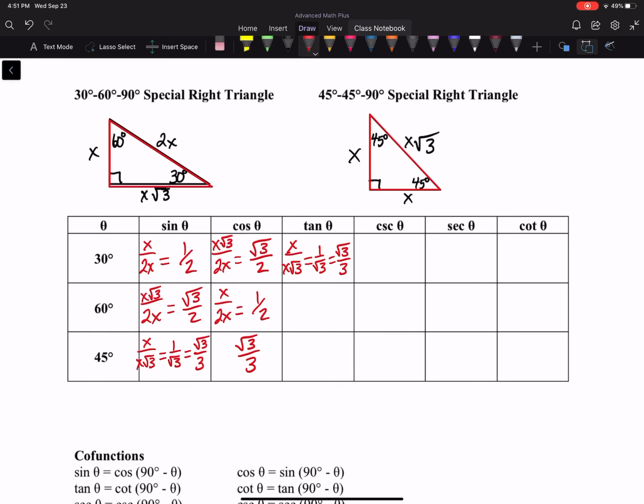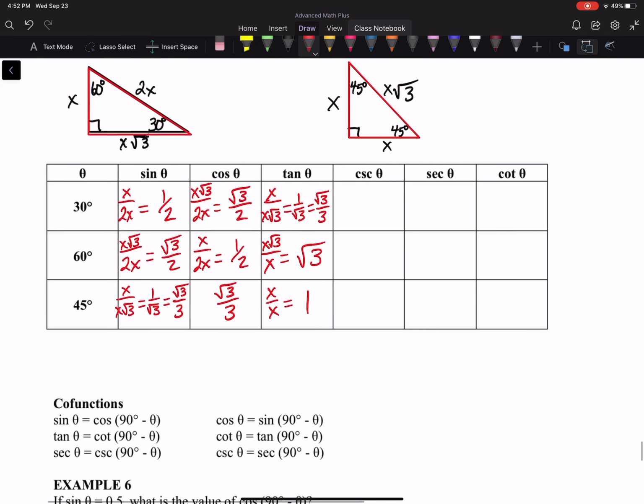Tangent of 60 would be opposite, x square root of 3 over x. Well, that just reduces to square root of 3. And then finally, for 45, the tangent would be x over x, which is equal to 1.